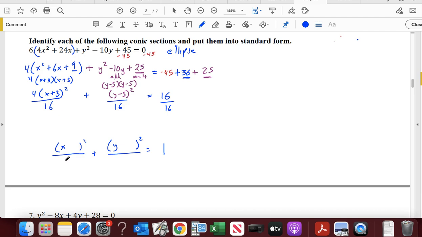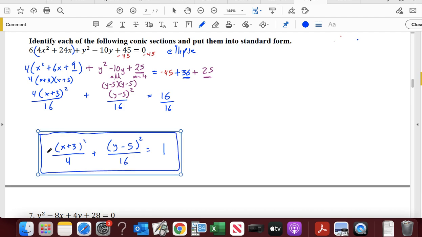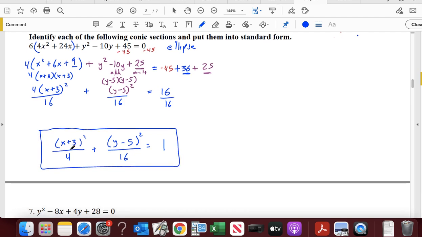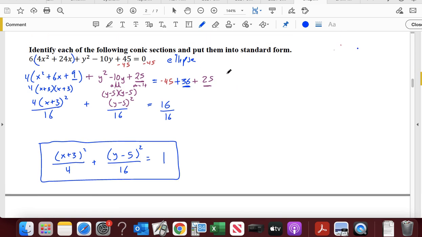So 4 over 16 becomes just a 4 in the denominator. And this is x plus 3 squared. And then we didn't have anything to reduce with, so the 16 just remains in the denominator down there. And we've got y minus 5 squared. And now we are totally set. That is our standard form of our conic section. And we identified it as an ellipse.